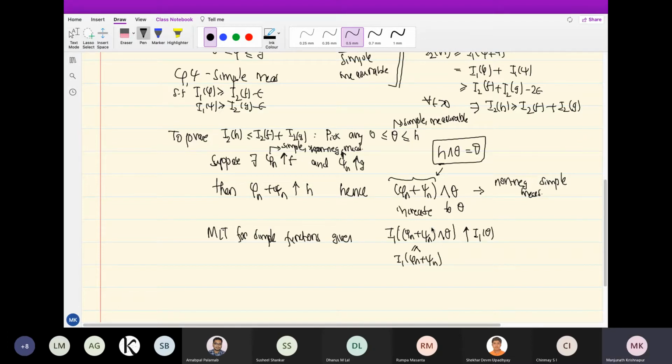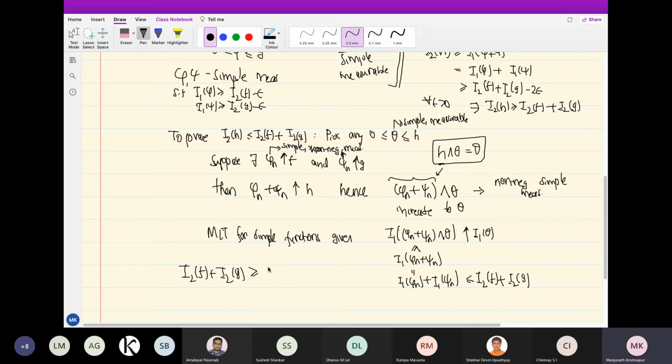That only makes it larger because this is the minimum with theta. So this function is below this. And then this is I1 of phi n plus I1 of psi n. And that is bounded by I2 of f plus I2 of g.